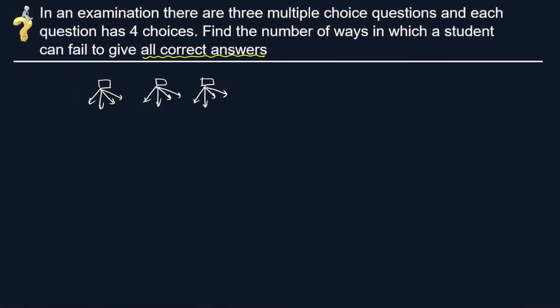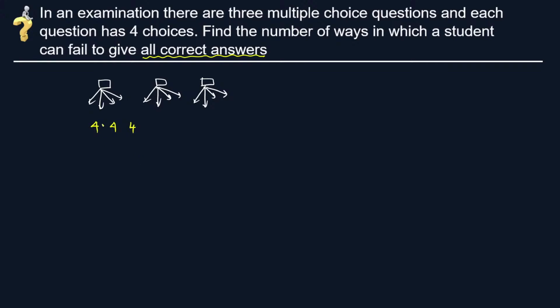The first question can be answered in 4 different ways. The second question can be answered in 4 different ways. And the third question can be answered again in 4 different ways.